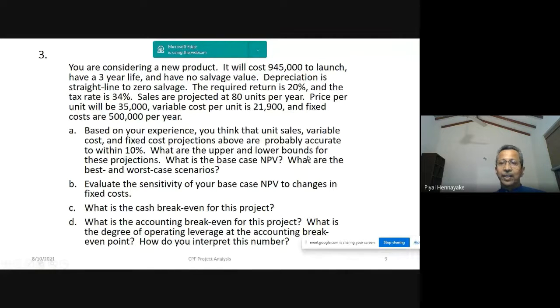Now here, the question: what are the best and worst case scenarios? You don't have to calculate NPV for the best and worst case scenarios, just provide the two scenarios. In the first part, unit sales, variable cost and fixed cost projections. What is not changing?